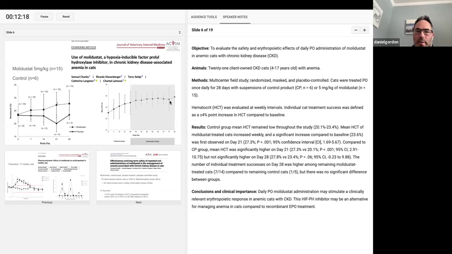Kind of was pretty flat in this range. And so do we reach kind of a ceiling at which this is an efficacious medication? Those are all kind of questions that we're hoping to get answered with this next study.